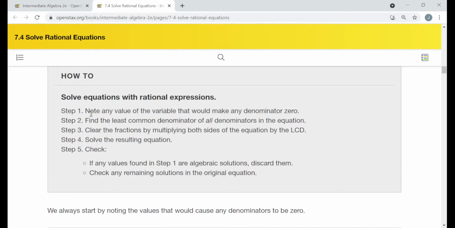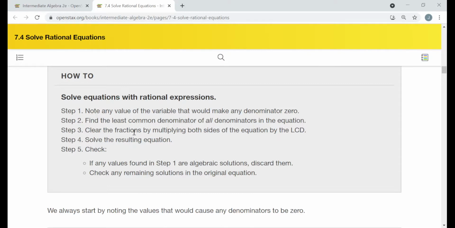Now for these examples with multiple variables, I may remember to note values of the variables that would make any denominator 0, but I may not. I'll try to remember to do this. So I'm going to factor all the denominators completely, then find the least common denominator of all the denominators in the equation, the LCD.